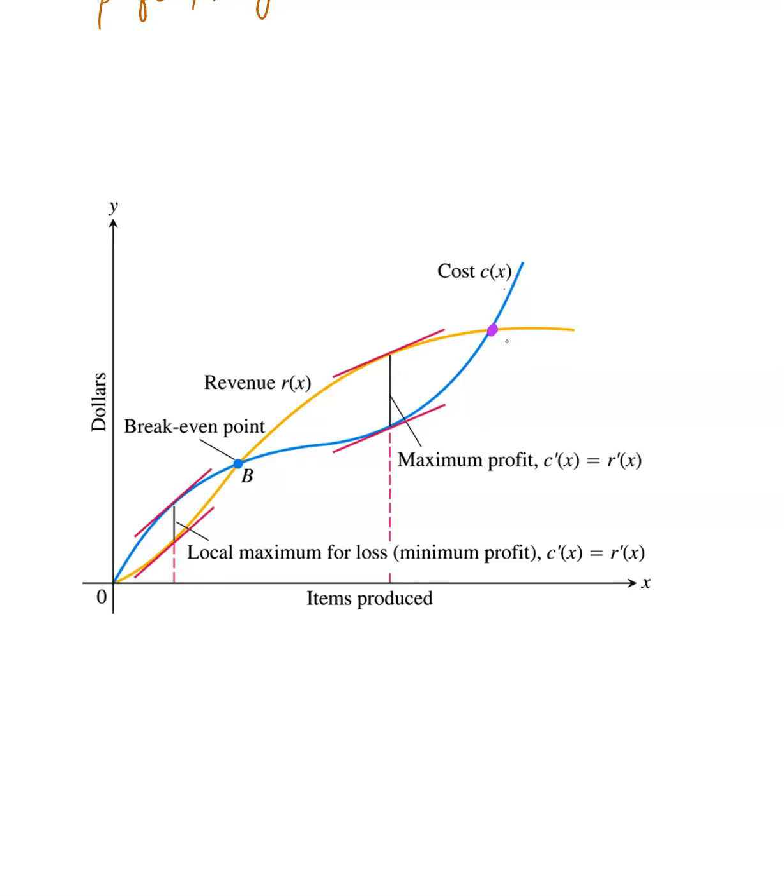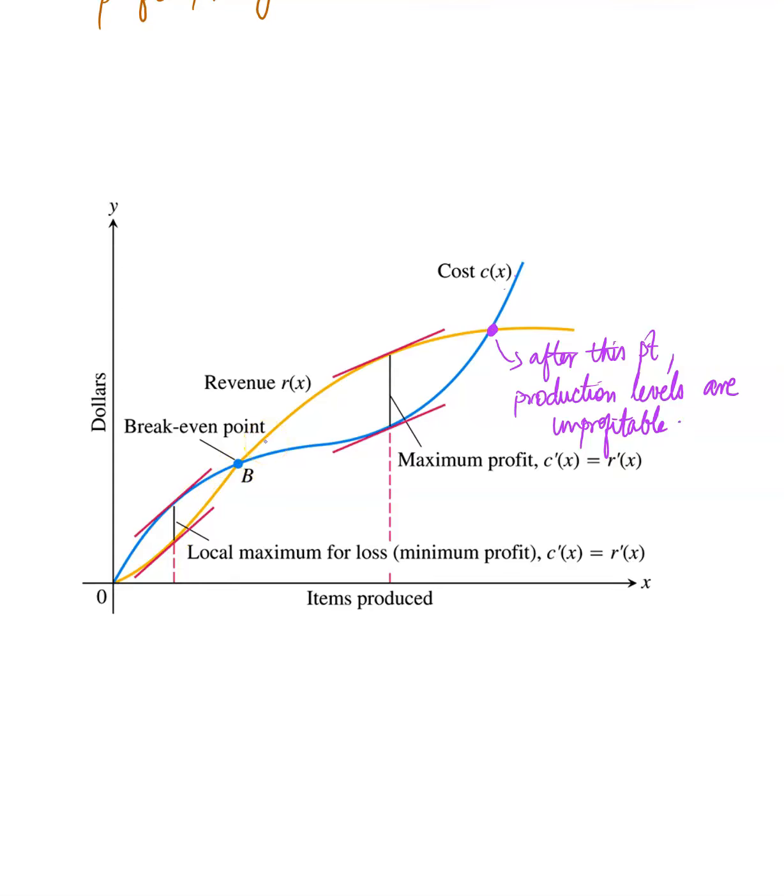So after this point, the profit obviously suffers, and therefore the production levels become unprofitable again. Okay. So I'll say after this point, production levels are unprofitable. It was so before B, right? Even there the production levels were unprofitable.